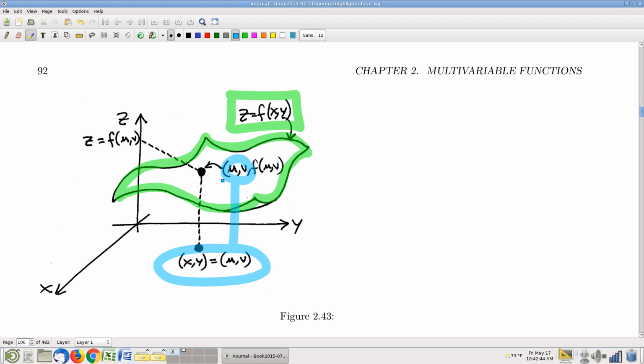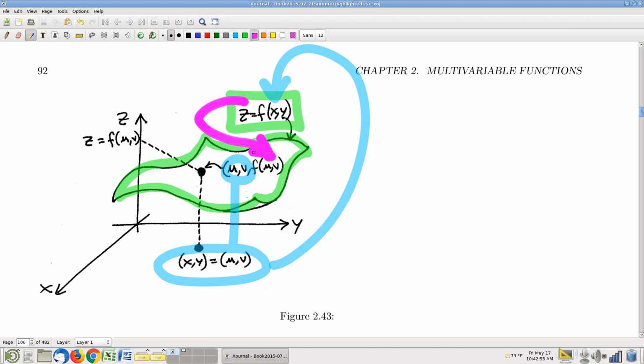Well, if x and y are u and v, then that means that unavoidably z has to be f of u, v. And again, we have position in space, x, y, z, given as functions of two input variables, u and v, and we have parameterized this surface.